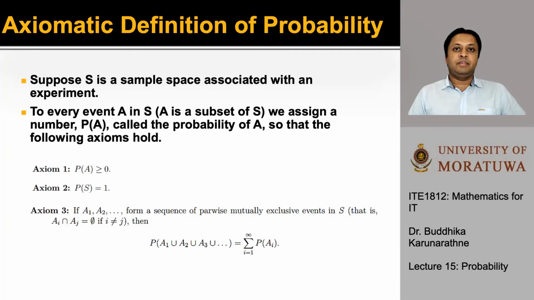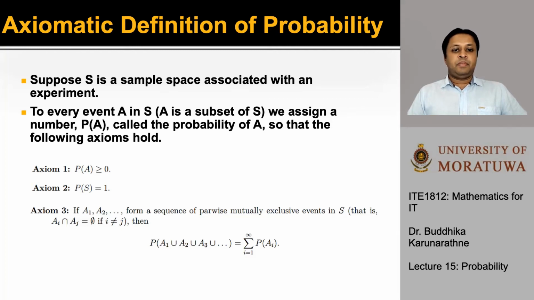We define 3 axioms here. Number 1 is that the probability of A is greater than or equal to 0. That's axiom number 1. Axiom number 2 is about the sample space. The probability of S, P(S), is equal to 1. The summation of all the probabilities will be equal to 1.